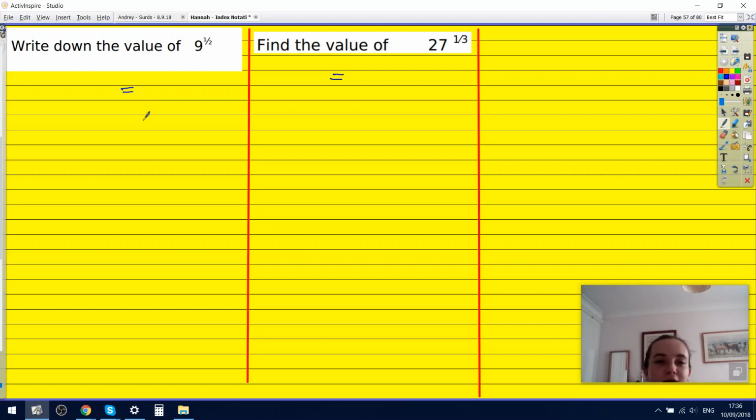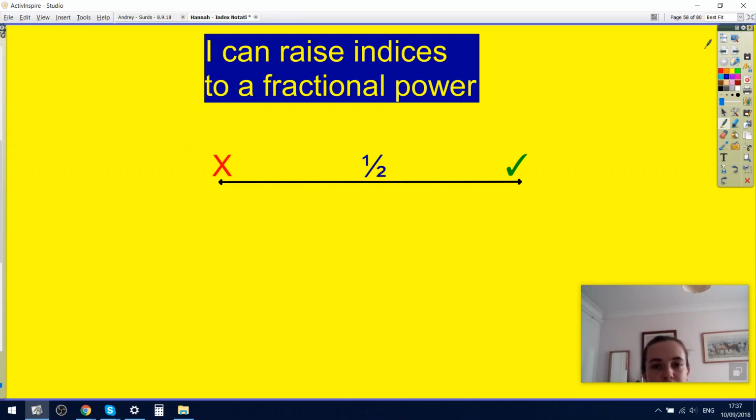What does to the power of a half mean? The same as the square root, so it'd be the 3. Next one. Also 3. Yeah, that's it. I can raise indices to a fractional power. Tick. That's it.